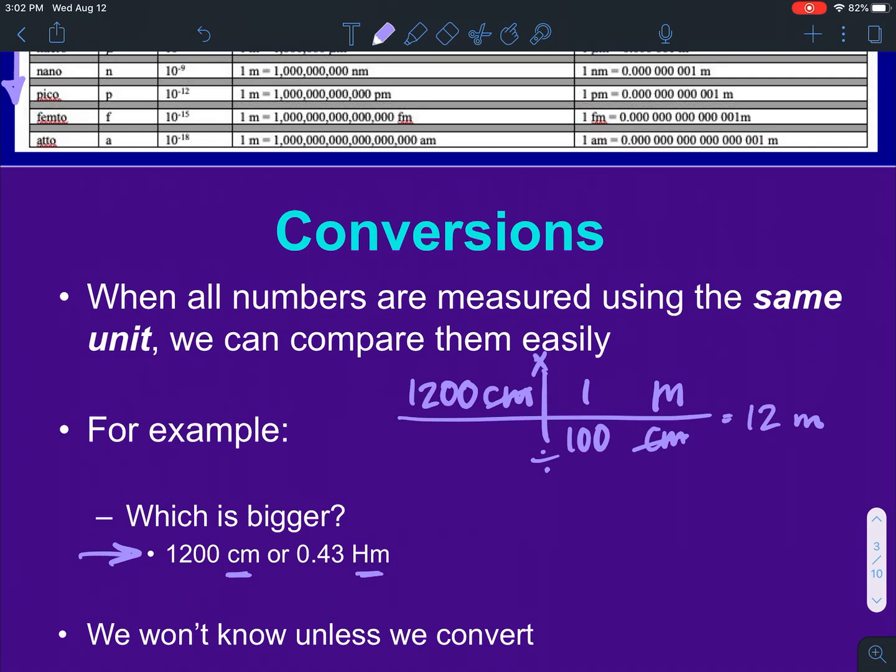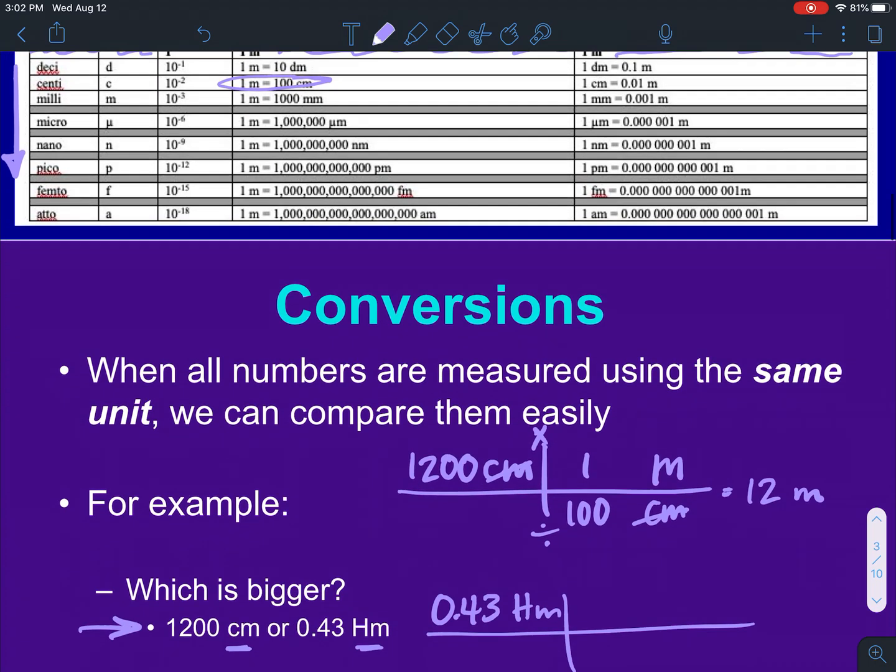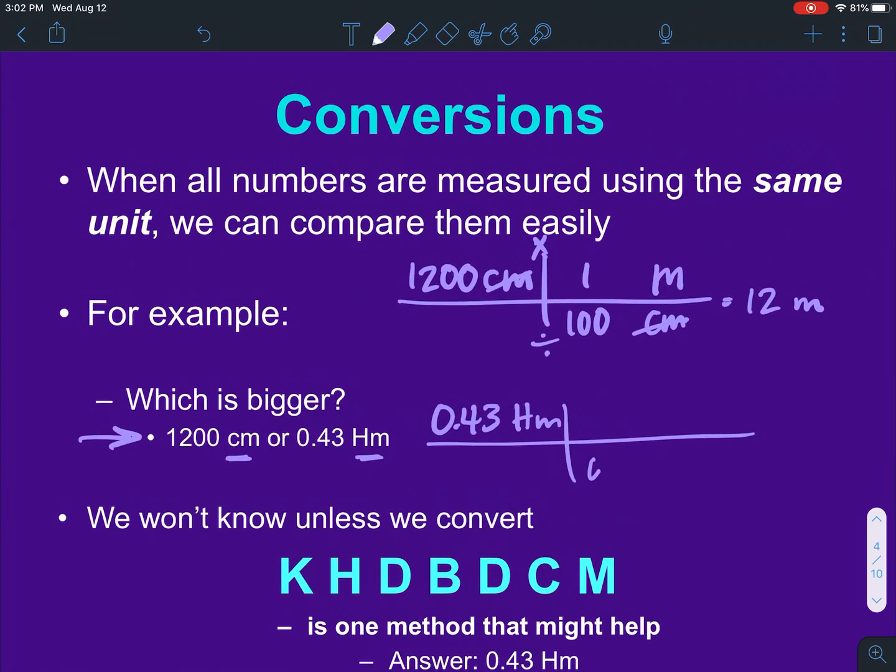Okay, and then I'm going to do the same thing with hectometers. So I start with the given number, 0.43 hectometers. And then I go up to my chart and I find hecto. And I see here that 1 meter is equal to 0.01 hectometers. Okay, so 0.01 hectometers is equal to 1 meter.